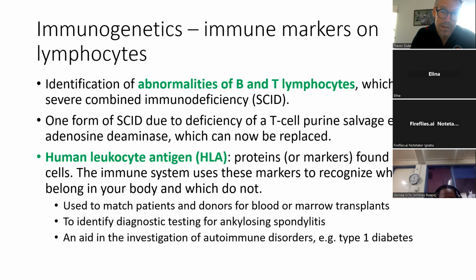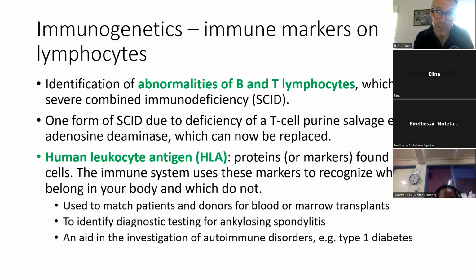So later on, there were abnormalities or genetic markers identified on lymphocytes and other blood cells. So we talked about red cells, but there were also genetic markers identified on B cell and T cell lymphocytes, and some of those were found to be related to certain diseases.